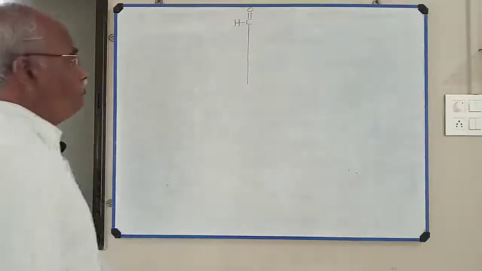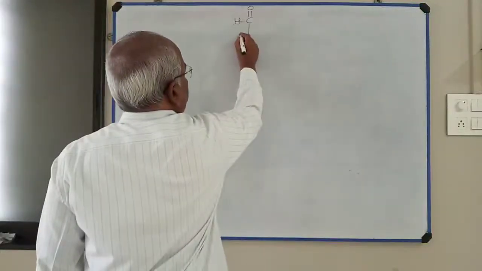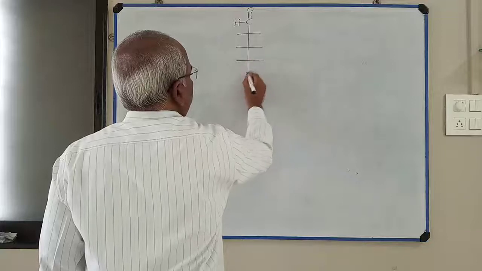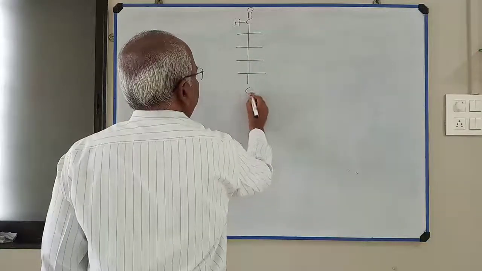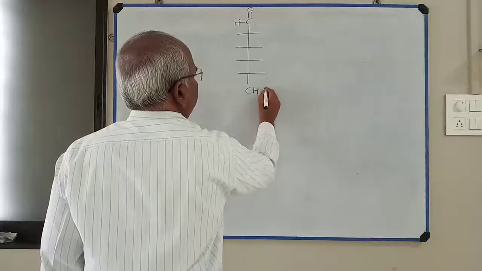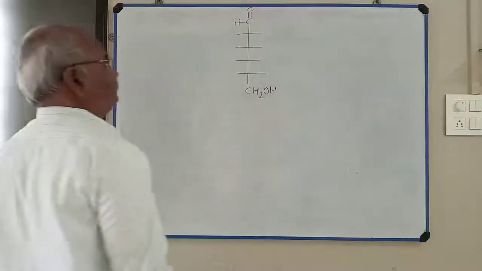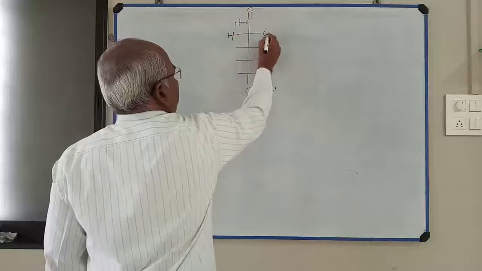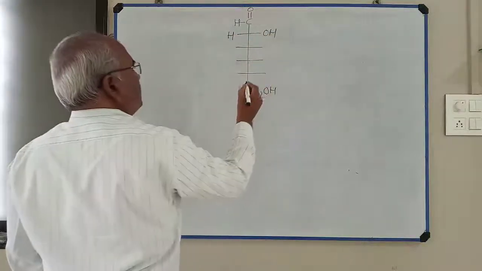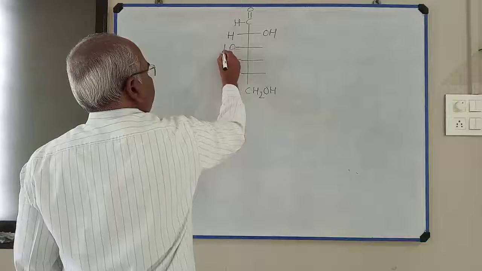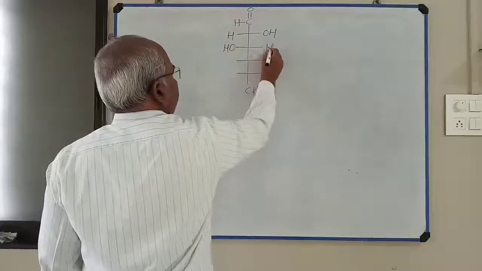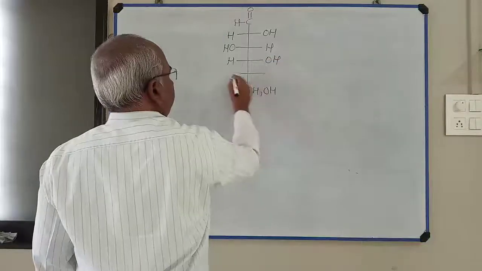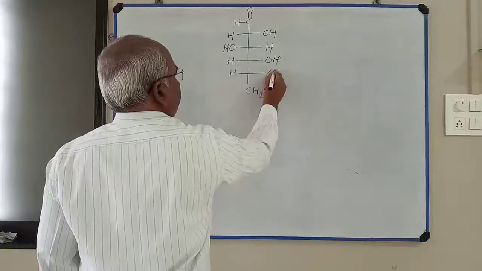CHO, this is second carbon, third, fourth, fifth, and here is CH2OH group. Hydrogen OH, here OH, H, OH, H and OH.